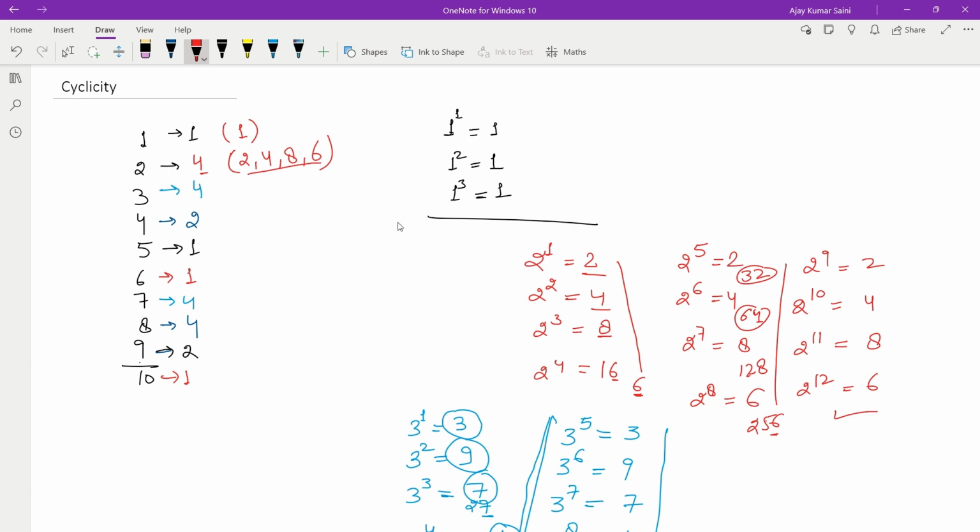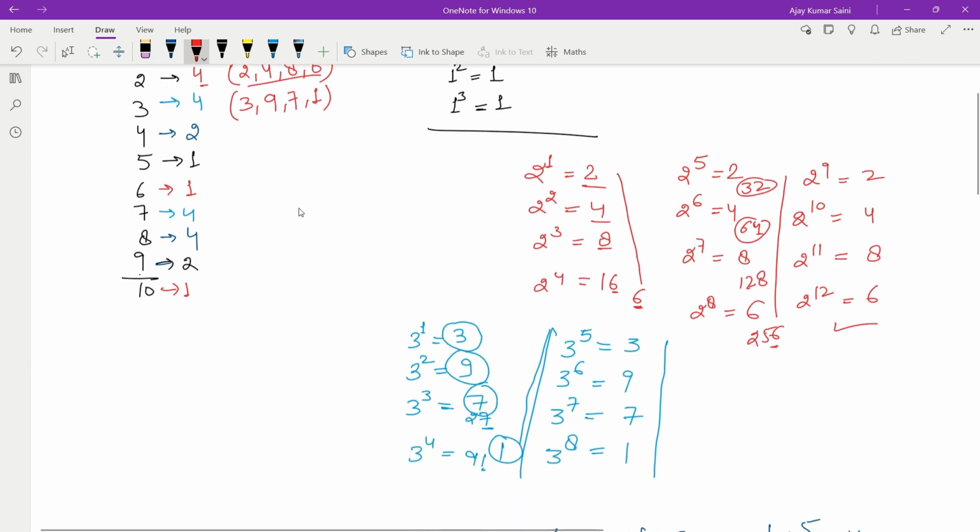These values are repeated. Okay, for 3, if 3 comes at the end of any number, with any power, then 4 values will repeat, which are 3, 9, 7 and 1.